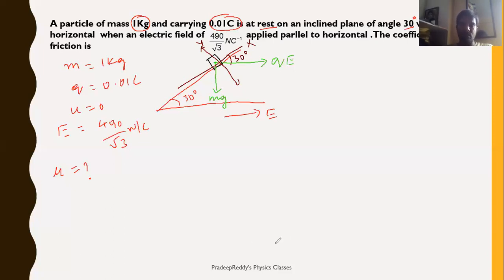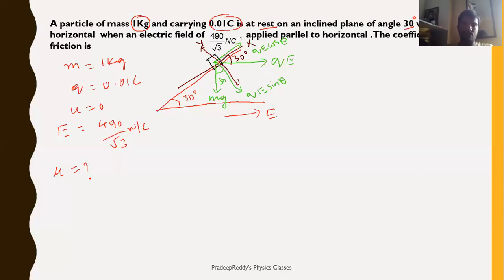If I resolve that qE into components, the upward component is qE cos theta, and the downward component will be qE sin theta. Similarly, mg can also be resolved into components, taking this angle as 30 degrees. Obviously, this should be 30.